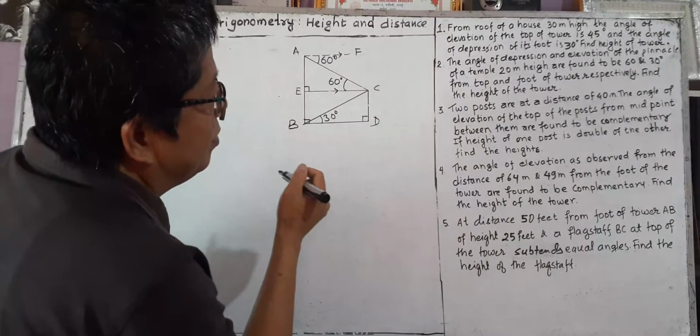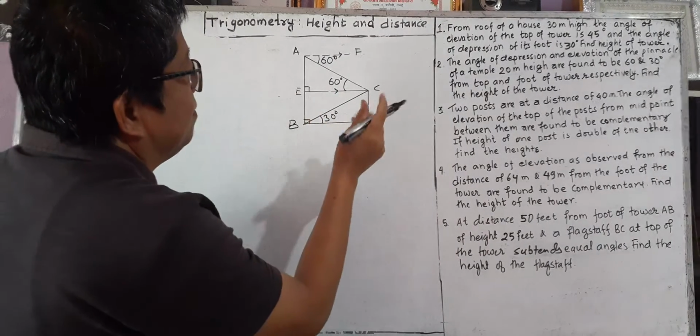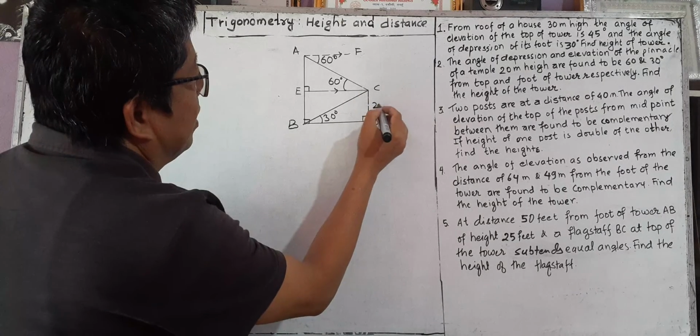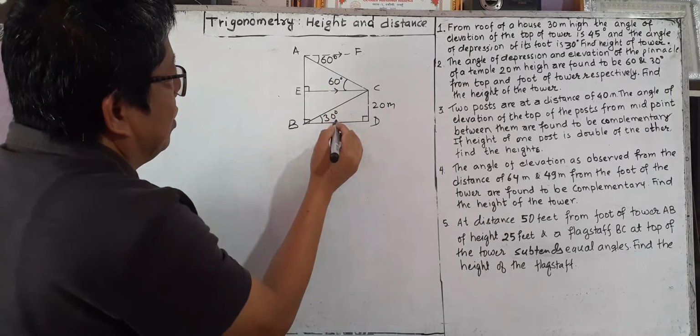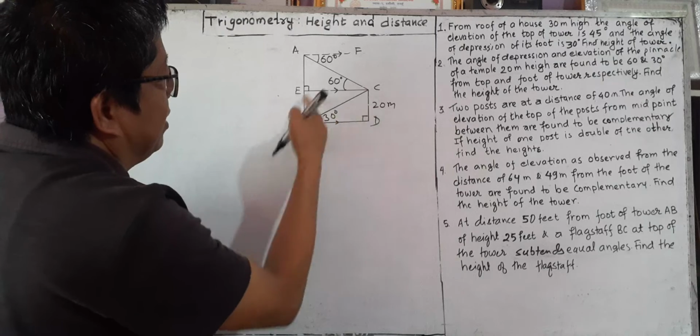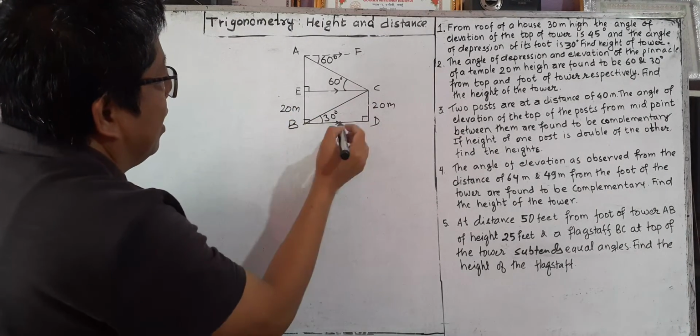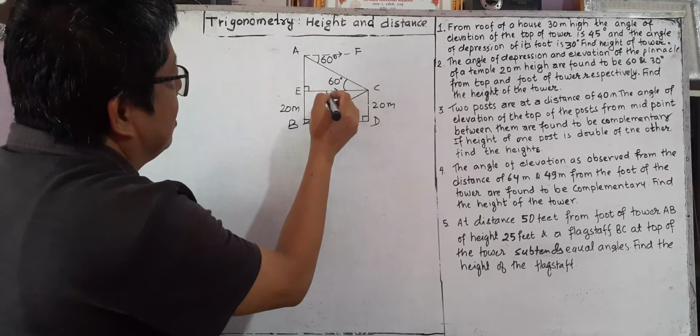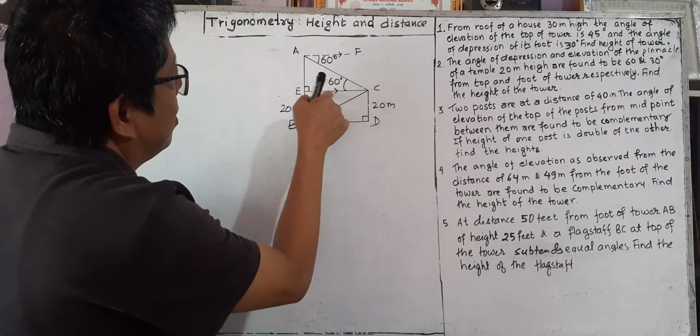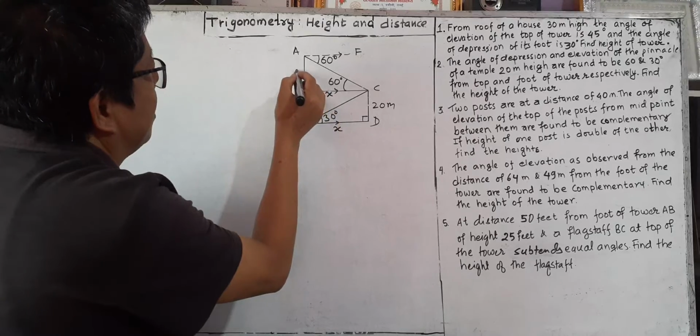Now we fix the given values. The height of the temple is 20 meters. Since the two lines are parallel and it is a rectangle, the opposite side is also 20 meters. Let's suppose this is x and this is also x, and this becomes y.